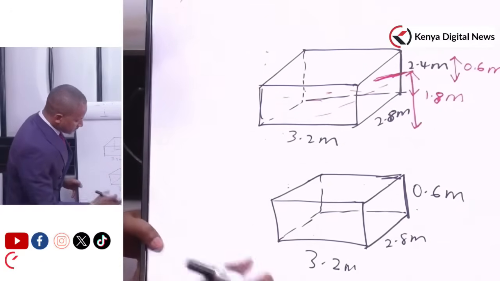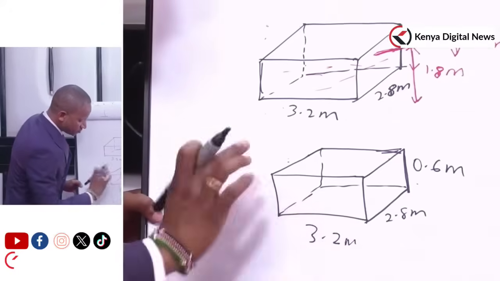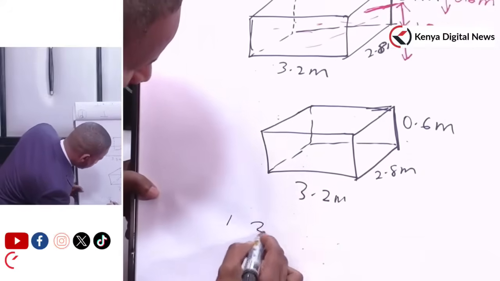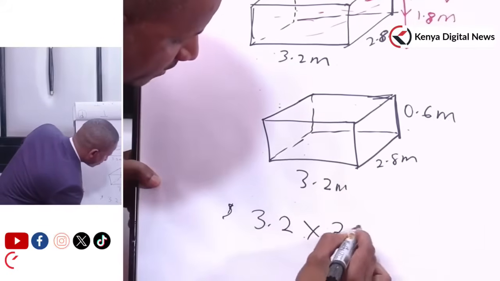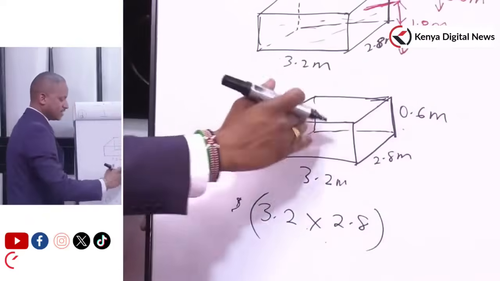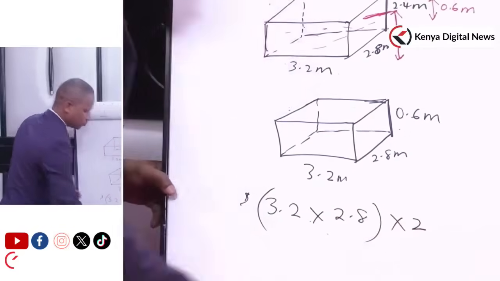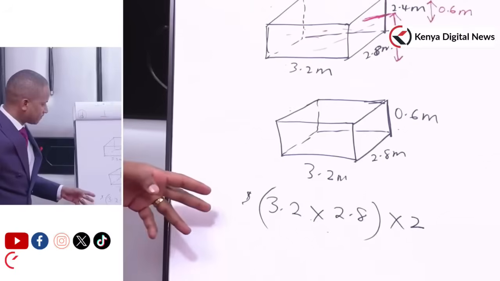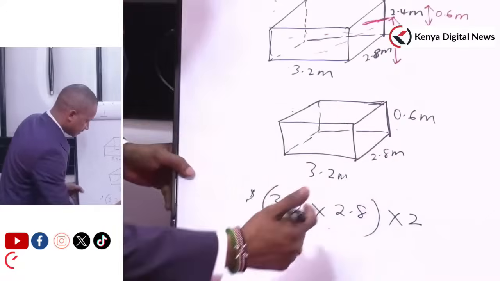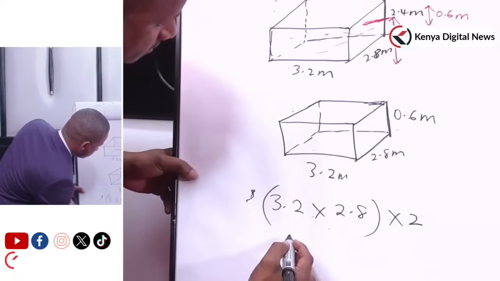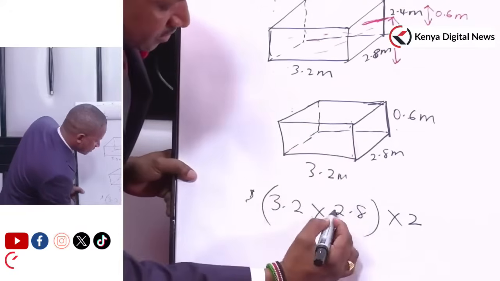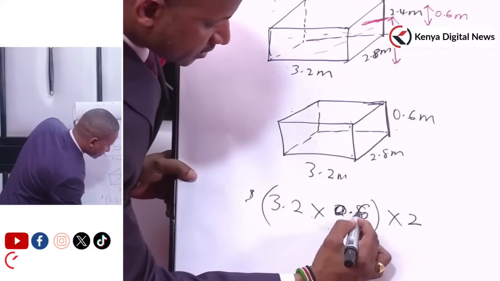So it's simple. You get the area that is not in contact with the water, which is 3.2 by 2.8. But it is times 2. It is this side and the other side. Then you get this side, which is 3.2 by 0.6.